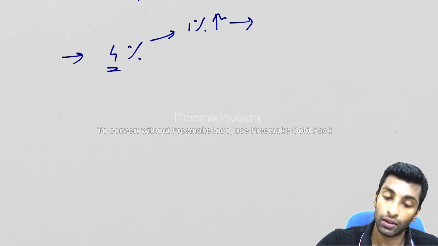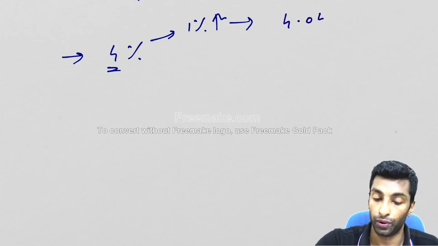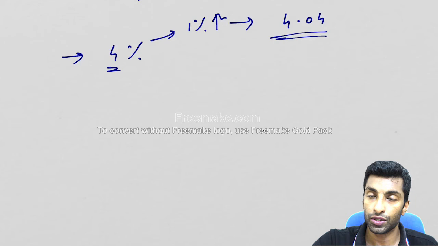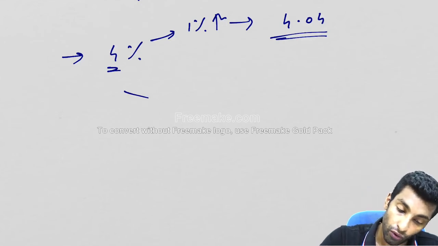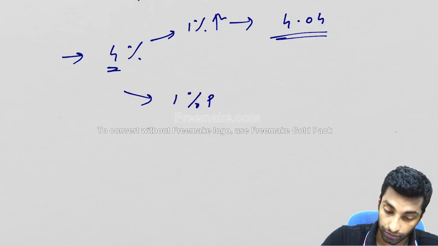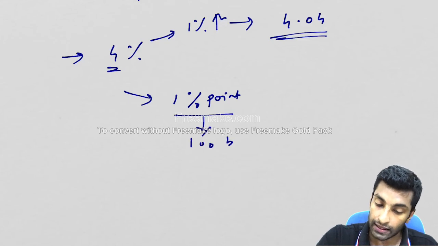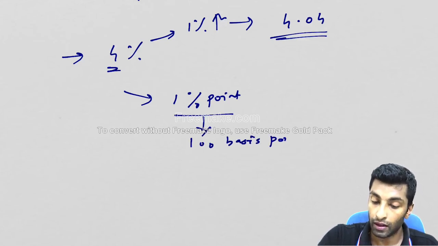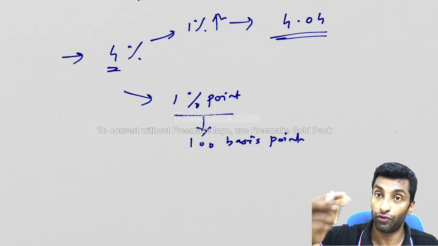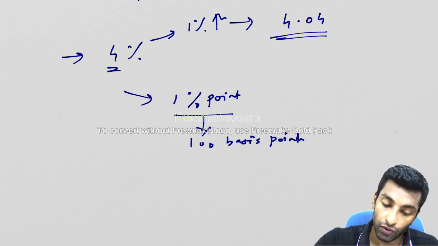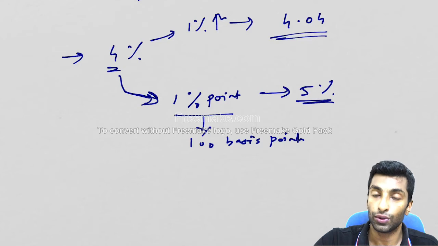So what will be the increase? 4.04. You understood? But when I'm talking about 1 percentage point, 1 percentage point means 100 basis points. So 100 basis points means it's actually 1%. So when I'm talking about 1 percentage point, it is going to be 5%. So that is the difference.